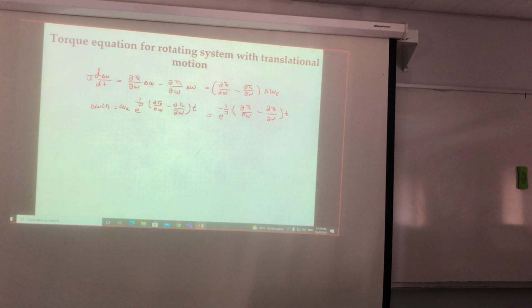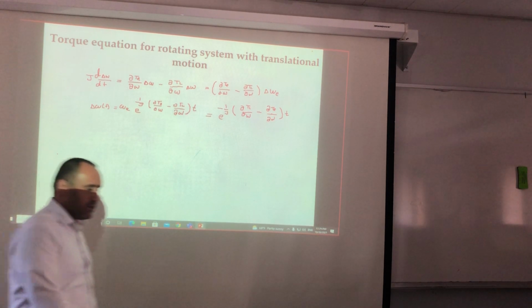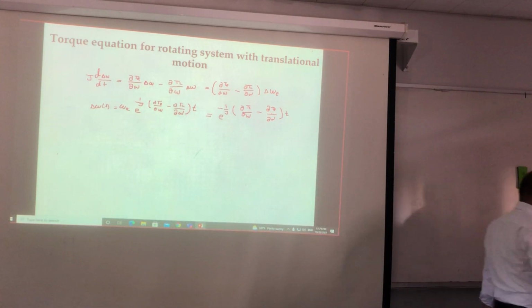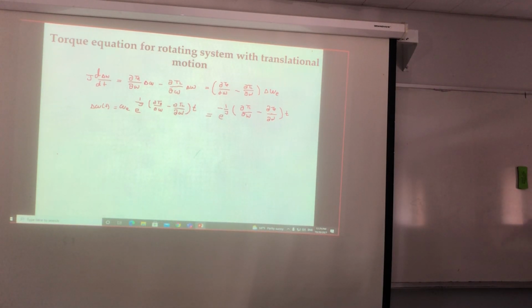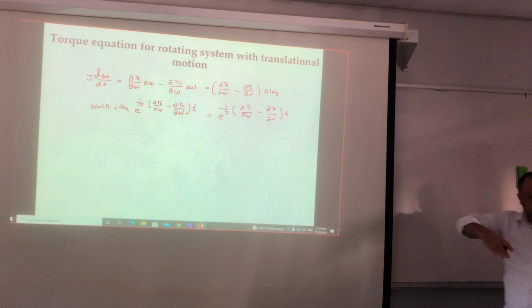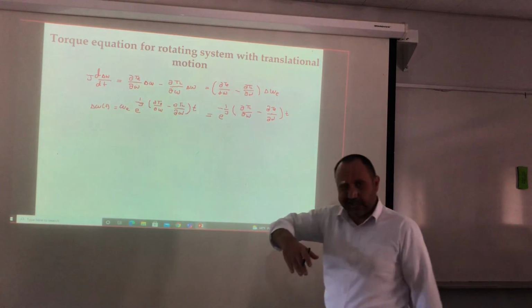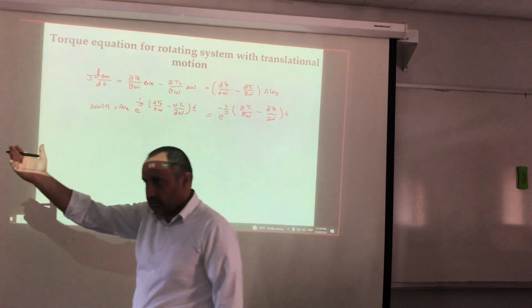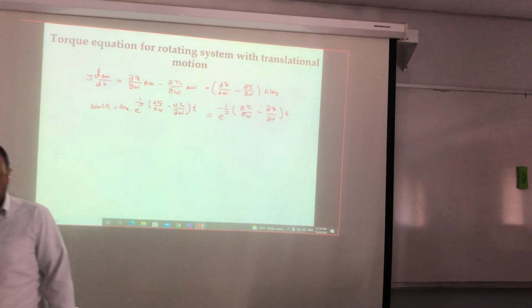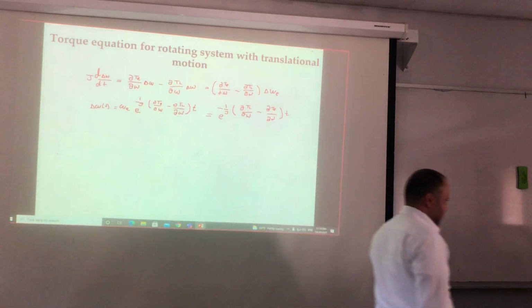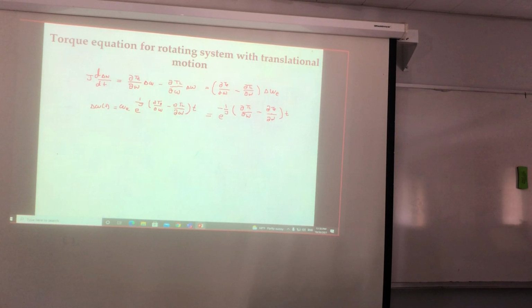Partial TL by partial omega greater than partial TE over partial omega. Yeah. So the slope of the load torque speed characteristic is higher than the slope of the machine torque speed characteristic. And this is mathematically the meaning of why the induction machine's first region was stable and the second one was unstable.